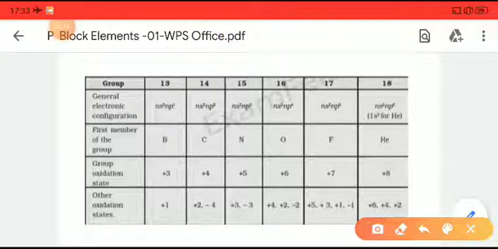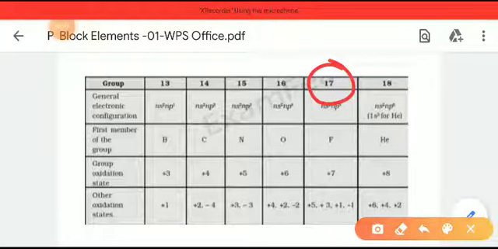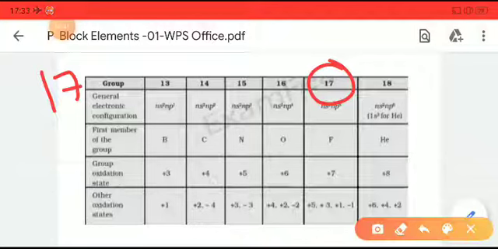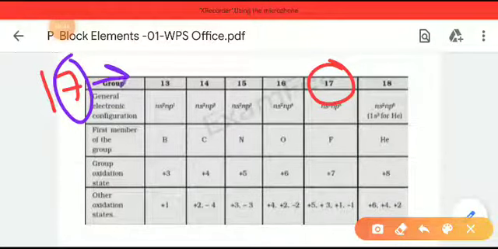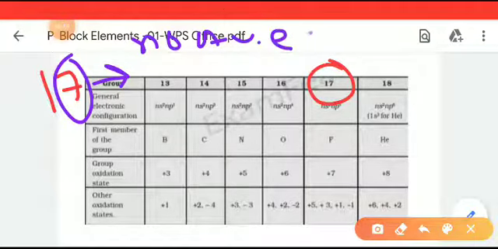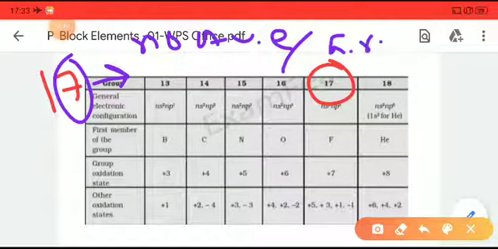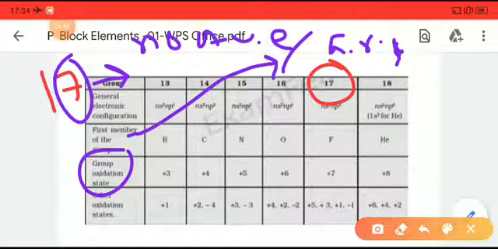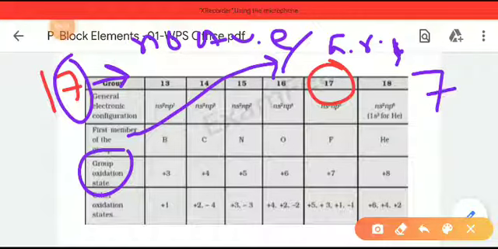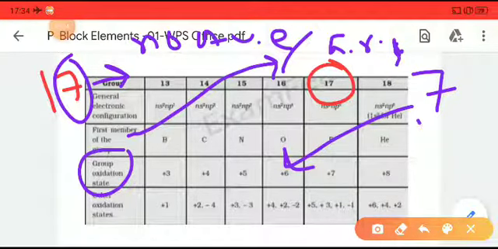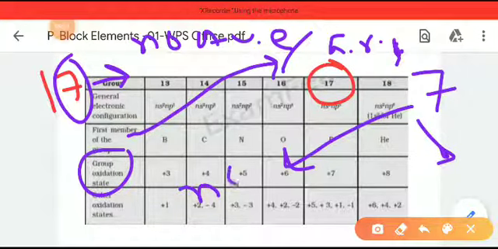If we take group number 17, that is the halogen group, what is the last digit? Yes, the last digit is 7. So the number of valence electrons as well as the group oxidation state is 7. This 7 will be distributed among the ns orbital and np orbital.